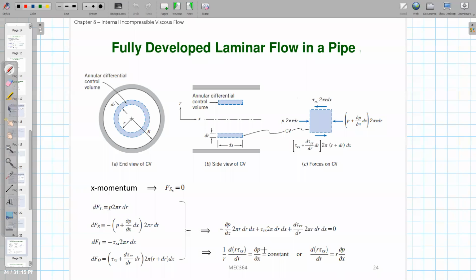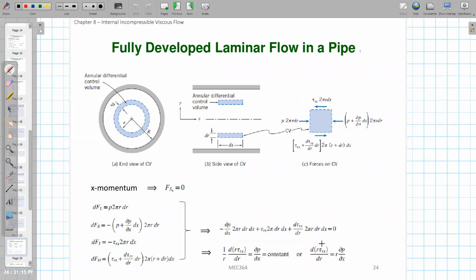That's why, again, we find that for flow inside a circular pipe, if the flow is fully developed, the pressure drop should be constant. So this partial p partial x you can rewrite as dp dx, and it's just a constant. It means the pressure drop inside this fully developed pipe flow is a linear line. The slope is unchanged. It's constant.